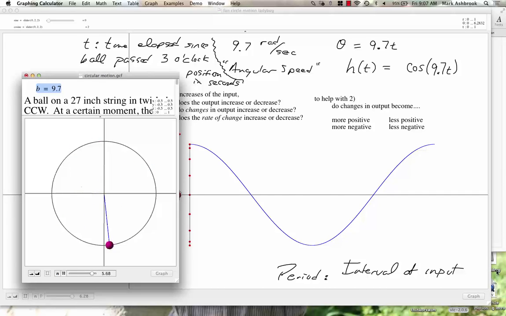So we want the interval of time that results in what? One full cycle. So we want one full cycle of output. So it's how much time needs to go by, how much of our horizontal axis quantity needs to go by, so that we get one full cycle of output values.